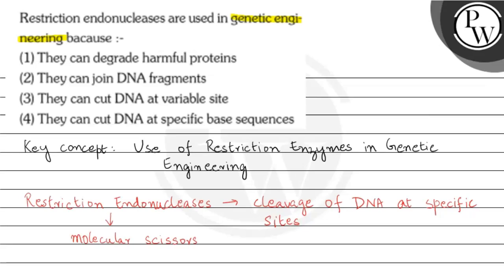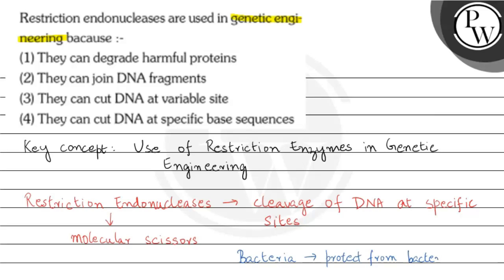Restriction endonucleases were first discovered in bacteria, and bacteria use these enzymes to fight against bacteriophages. So they protect themselves from bacteriophages.